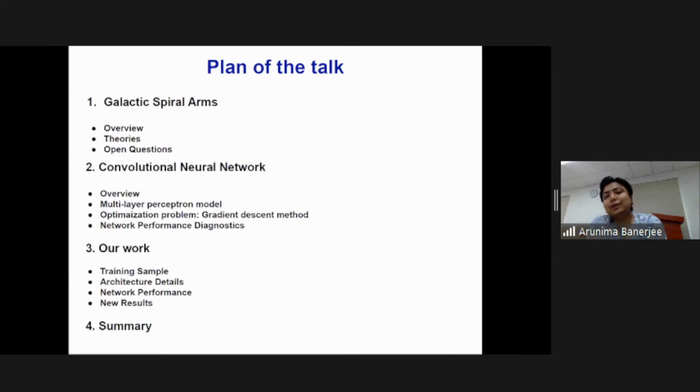We cannot actually do justice to the huge amount of data which the next generation of telescopes would accumulate merely by human intervention or visual inspection. It's imperative we take the help of the machines to do that.